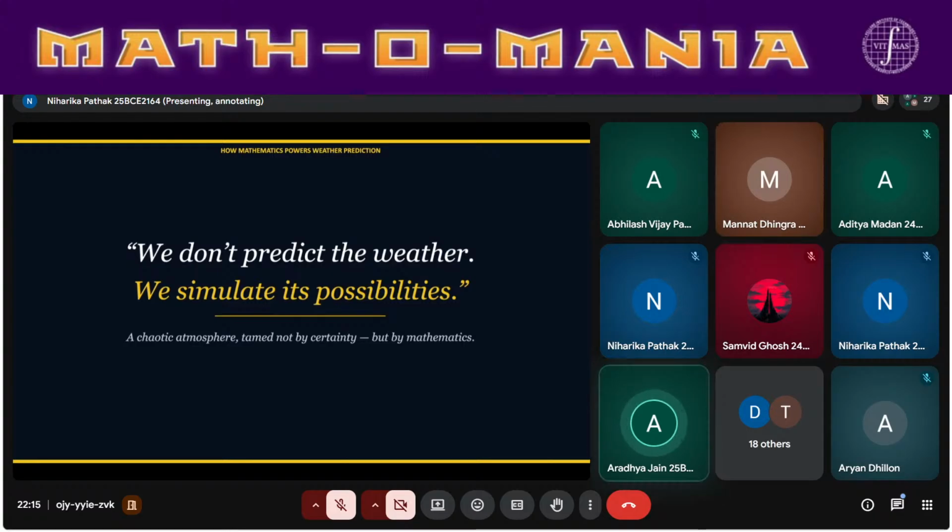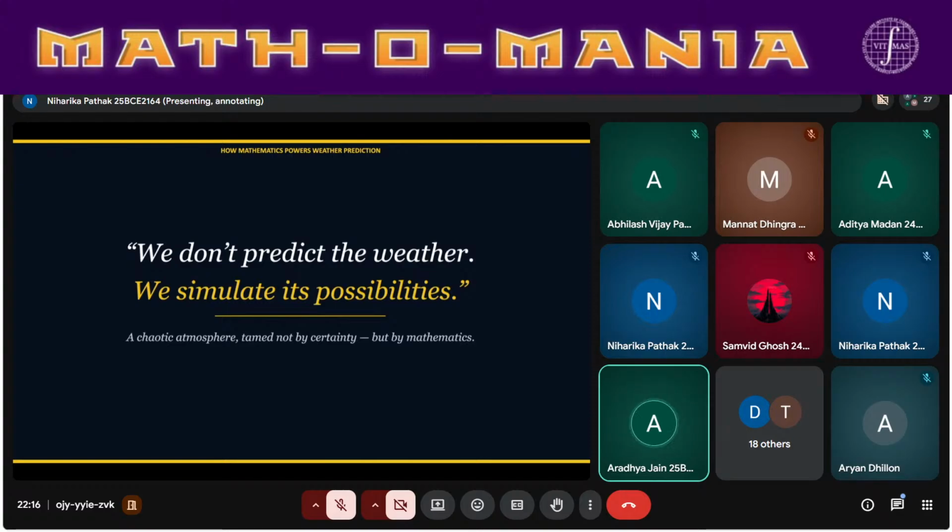Okay, thank you, Manat. My name is Aradha Jain, and I will be explaining this. So far we have understood that weather prediction happens and it's uncertain, and that there are some equations in the atmosphere. But how do we correlate all this? As we move on, we see the application of mathematics in all of this.